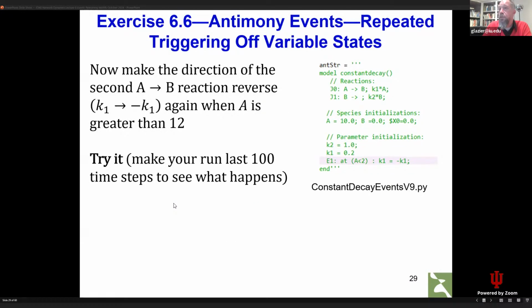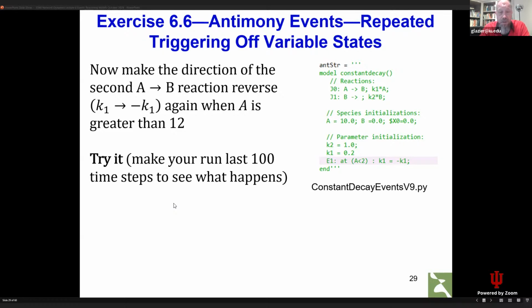Now, suppose you have a second condition, a condition E2, that says at A greater than 12, K1 equals minus K1. Why don't you try adding that and see what happens?